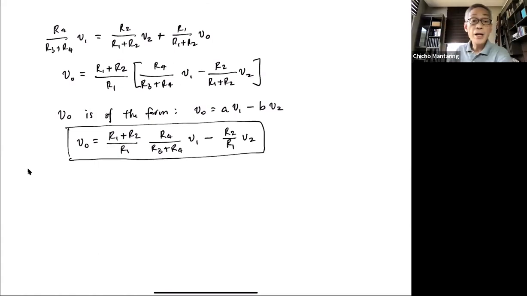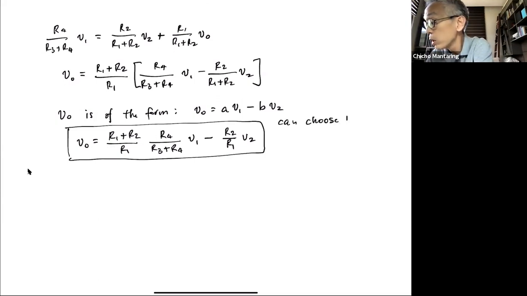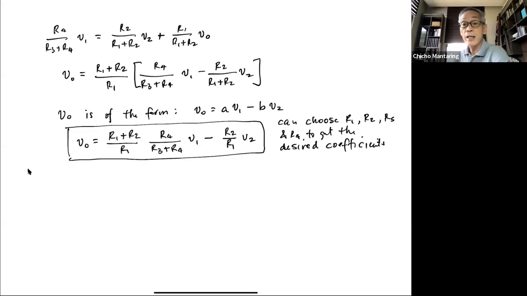Again, depending on the coefficients you want, you can choose R1, R2, R3, and R4 to get the desired coefficients. Just like in our summing amplifier, you can choose RA, RB, R1, R2, R3 to get the desired coefficients.